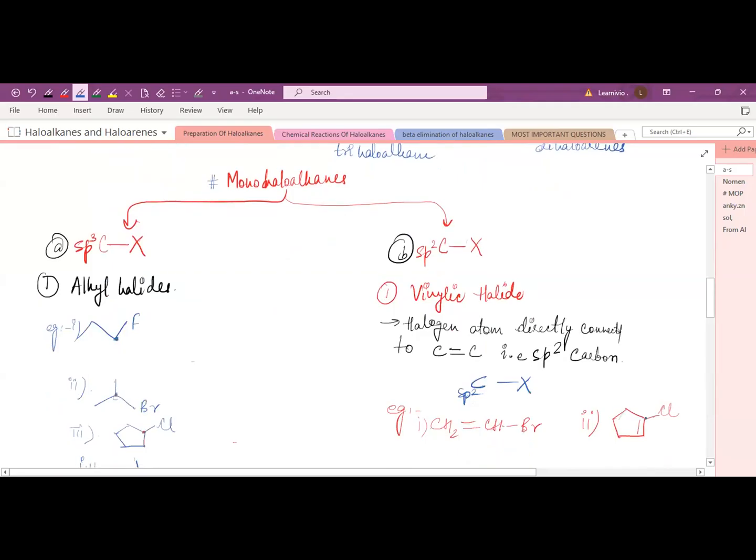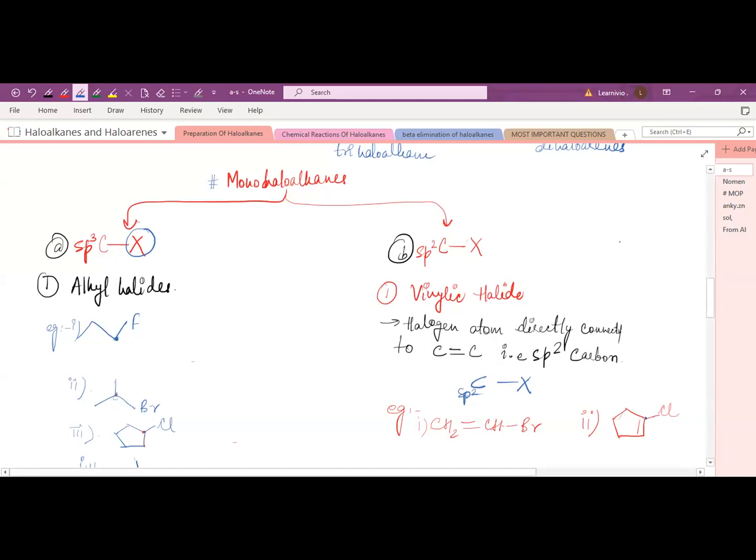Basically, the monohaloalkanes are classified into two groups. First group, when the halogen group is attached to an sp3 hybridized carbon. Now, how to decide whether a carbon is sp3, sp2 or sp hybridized?